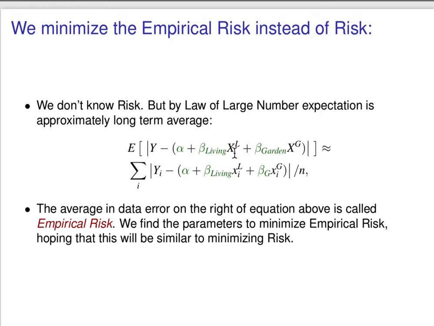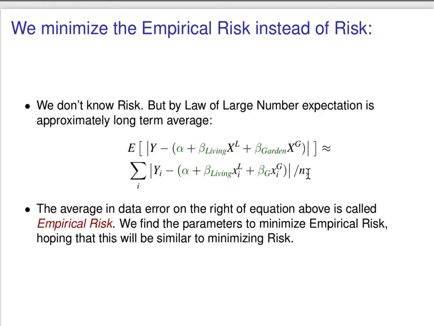Well, here this expected absolute value of the error is thus approximately the average of the absolute values of the errors in the data set. So since it's approximately the same, we minimize not the expectation, which is what we would like to minimize, but instead the average error in the data set, which, if the data set is large enough, is going to be very, very close to that expected value.